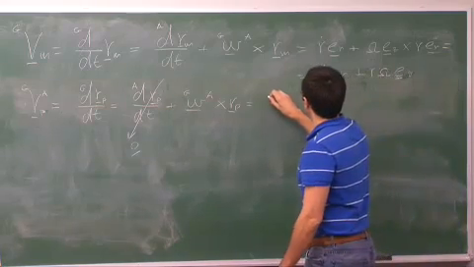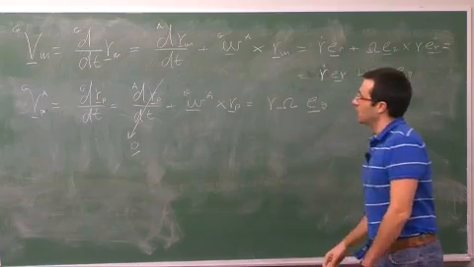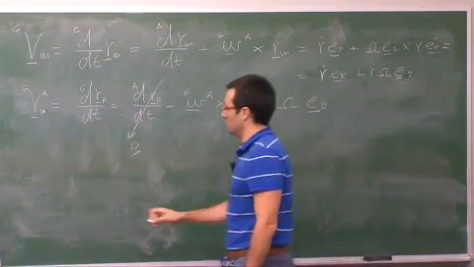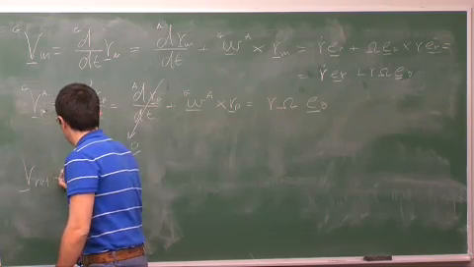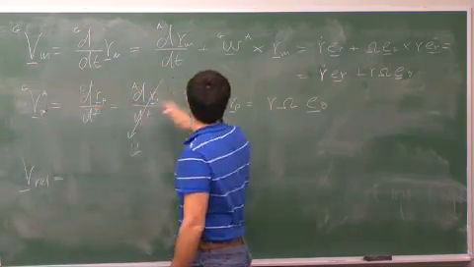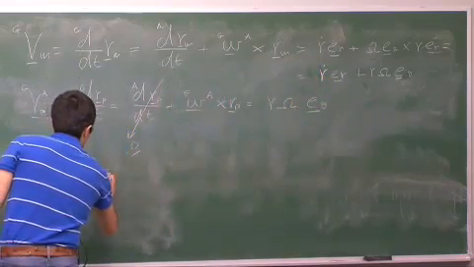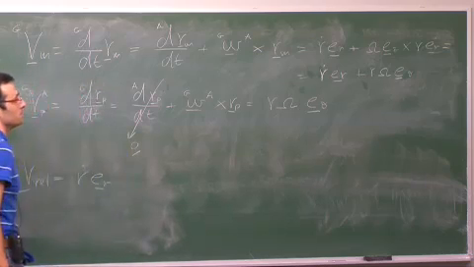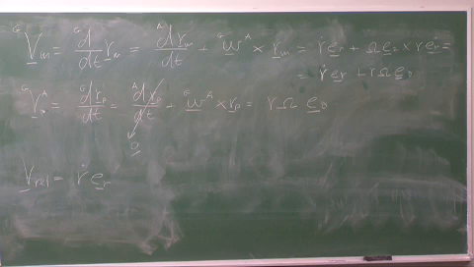And so this is going to be r omega e theta. And look at what we get when I compute the relative velocity, the way I defined it. It's going to be the first vector minus this vector. I get r dot er.